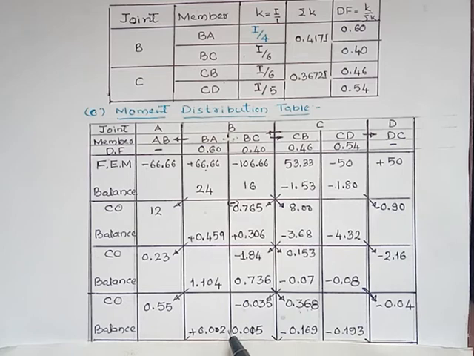By adding all these, the joint is balanced, or the algebraic sum of the moments at this joint is 0. Similarly, at joint C there is an unbalanced moment, that is 0.368. Distribute and balance this by adding minus 0.368, divided into minus 0.368 into 0.46, that is minus 0.169, and minus 0.368 into 0.54, that is minus 0.193.